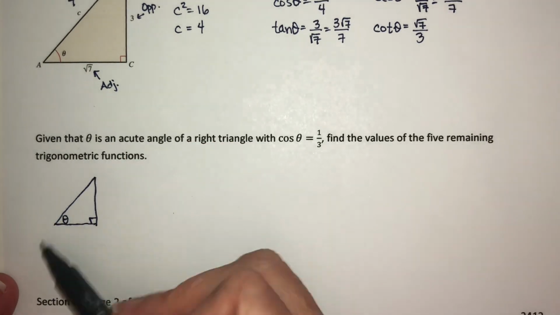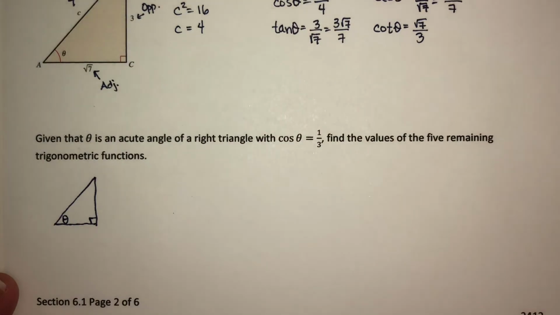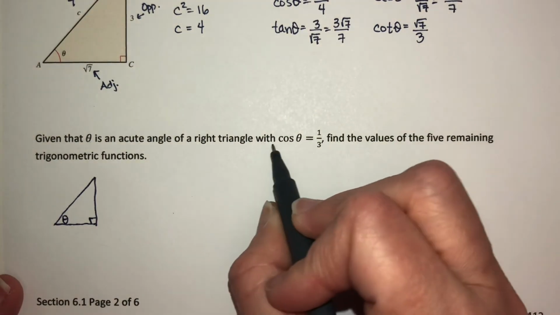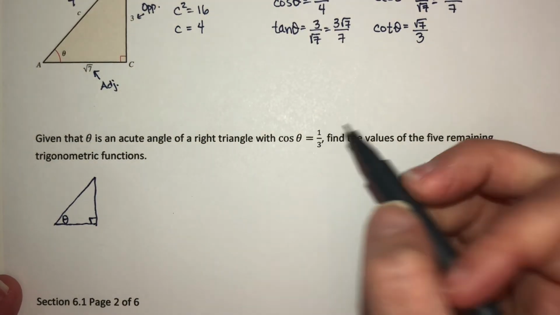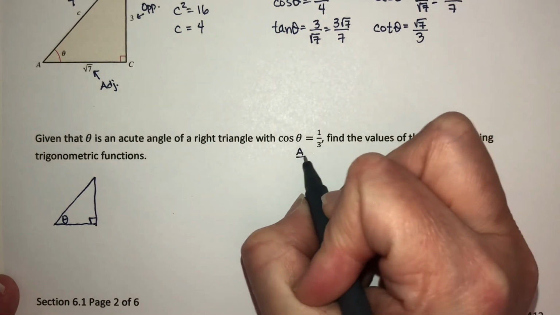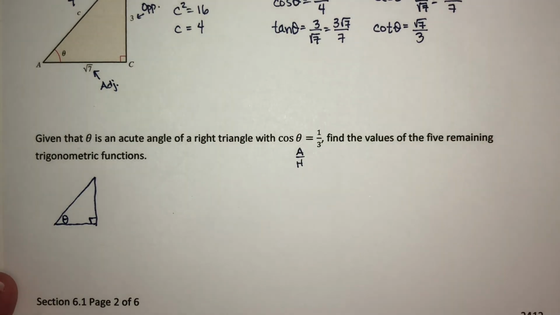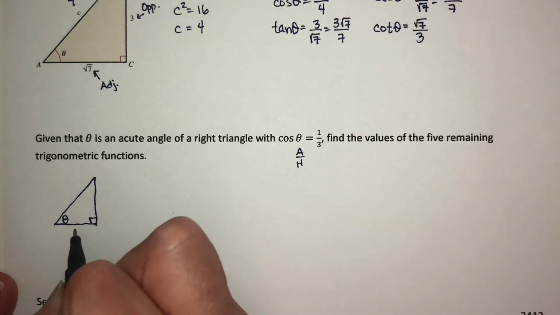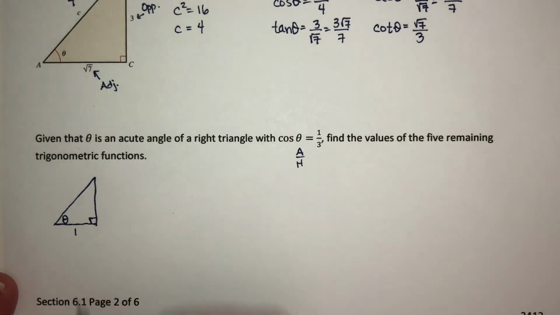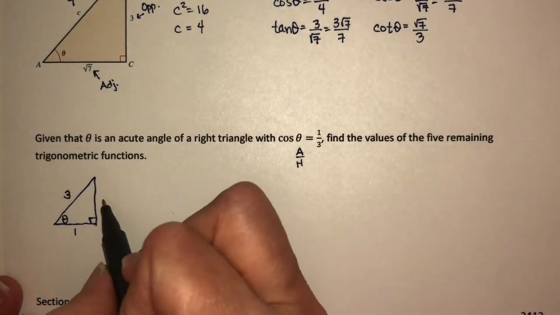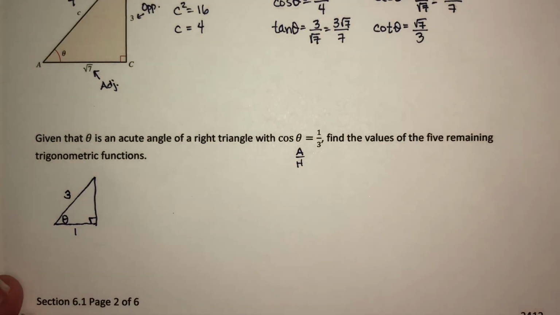So you can choose either one to label. We know cosine of theta is 1/3, and cosine is adjacent over hypotenuse. So that means this is the adjacent, and this is the hypotenuse. And now I need to find this side.